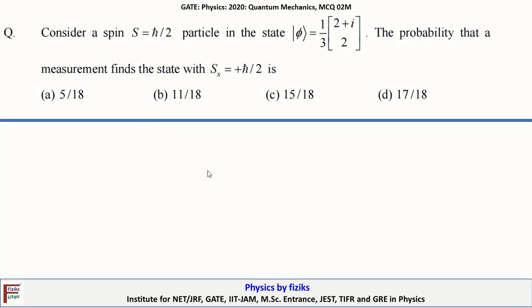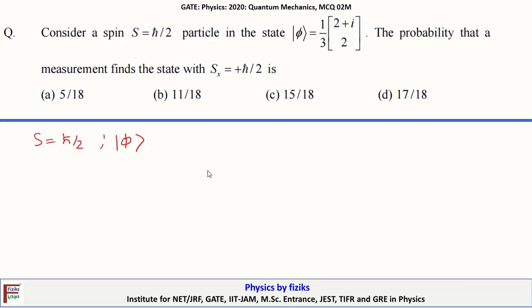In this problem, we have been provided phi for h cross s is equal to h cross by 2. Now the question is asking to determine the probability of finding the particle in a state S with plus h cross by 2.